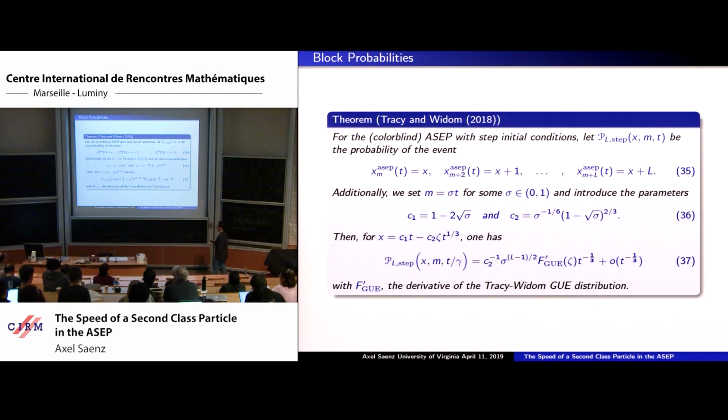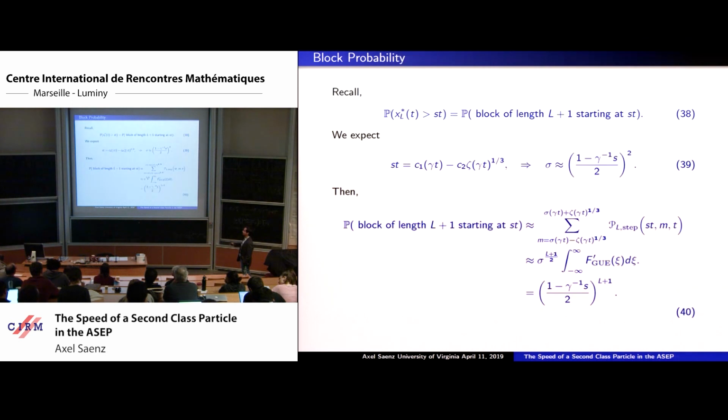And now what we need to do is compute the block probabilities, but not exactly the same as what Craig did. He computes the blocks starting at particle m, and we want blocks starting at position s. Whenever we use his formula, since we're interested in location s at time t, the formula for the location m is going to be given by sigma t.